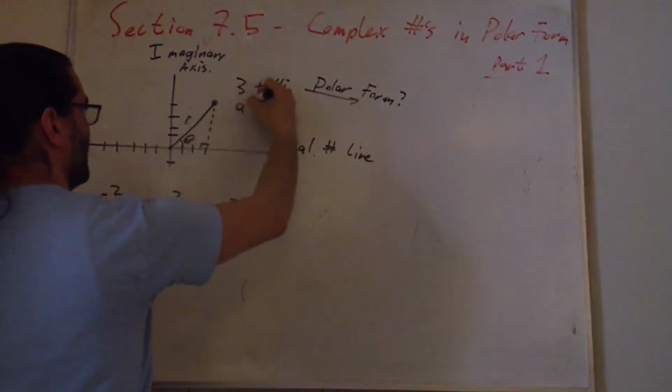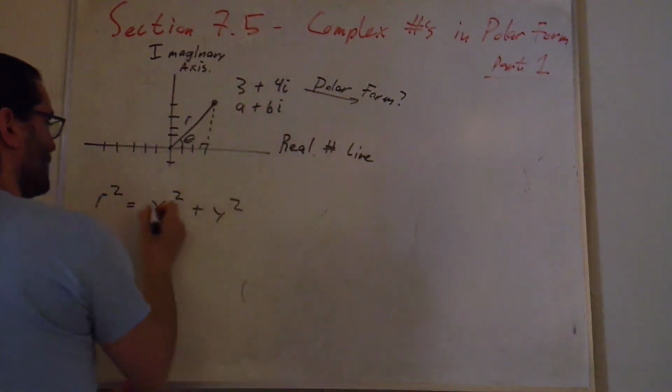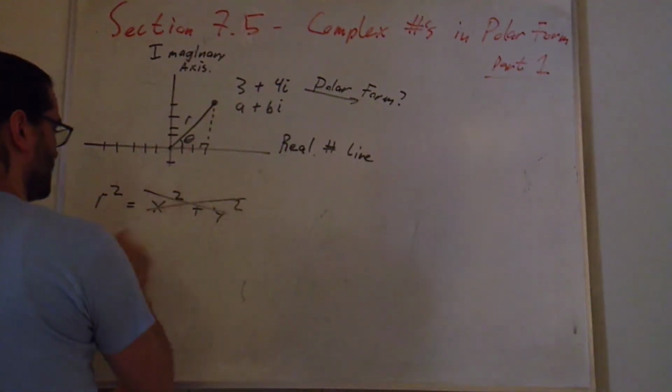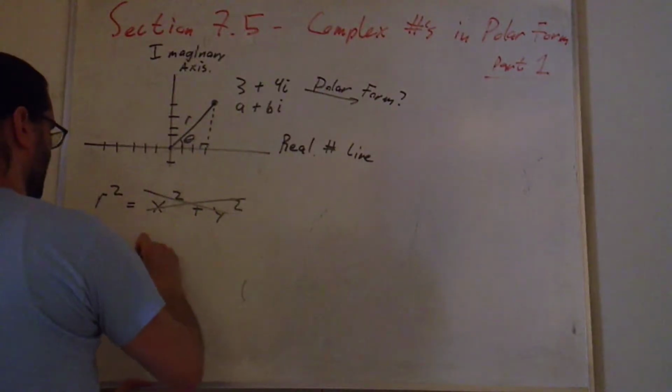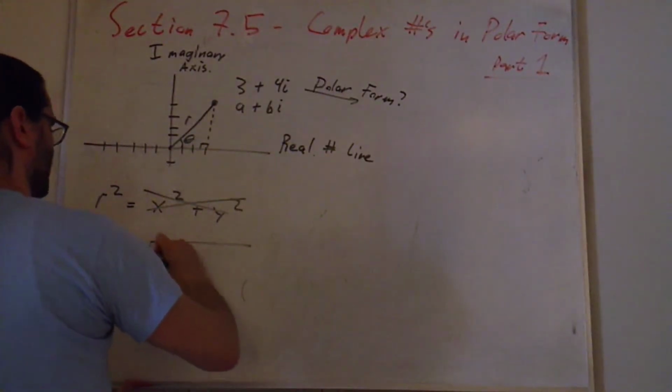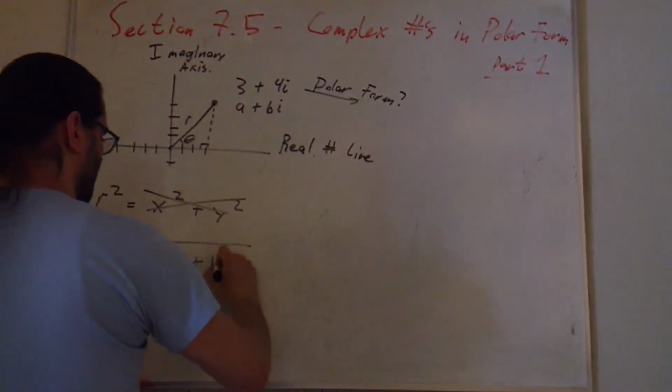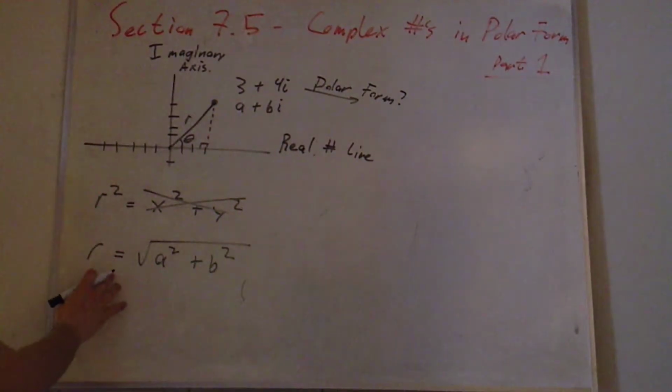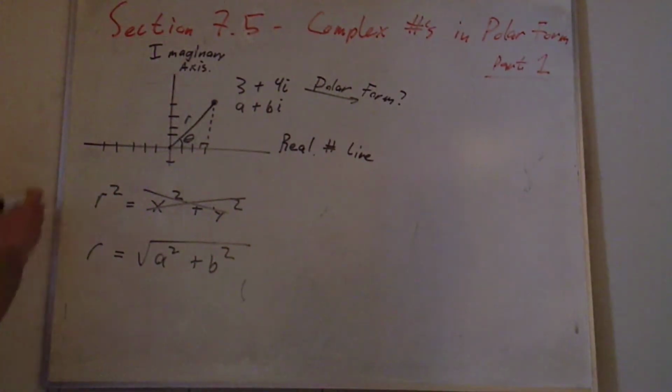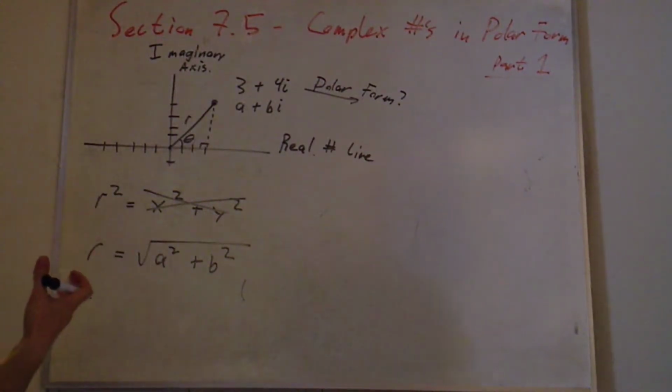This is a plus bi. So we're not going to do it like this. We're going to say r equals the square root of a squared plus b squared. This is the complex numbers version of the same Pythagorean theorem that you're well familiar with.